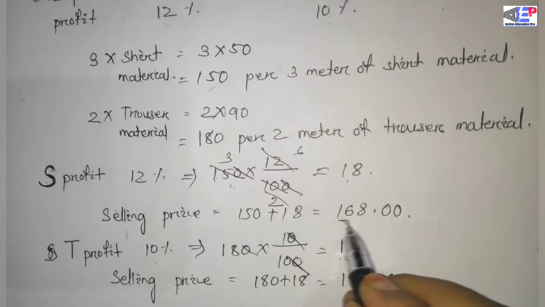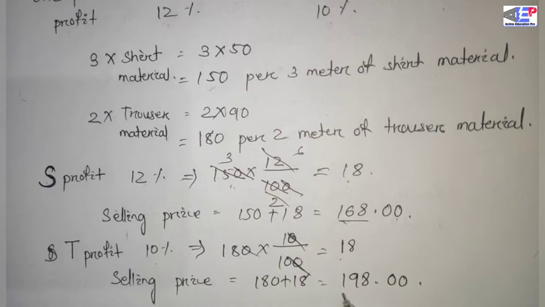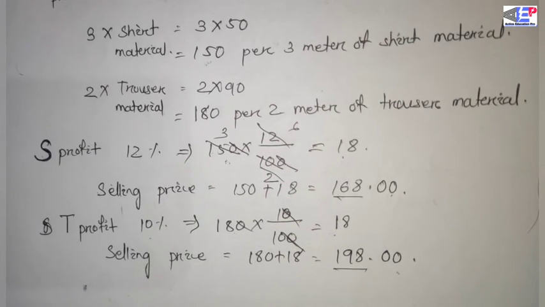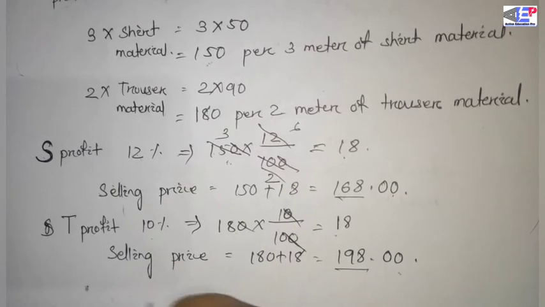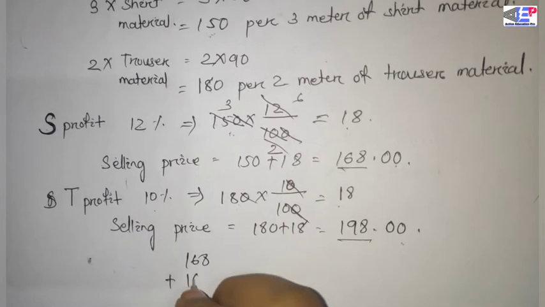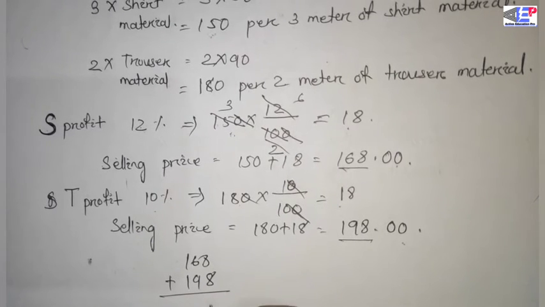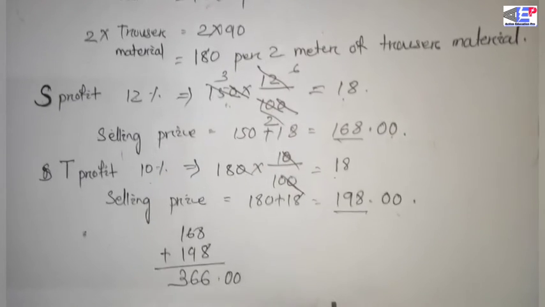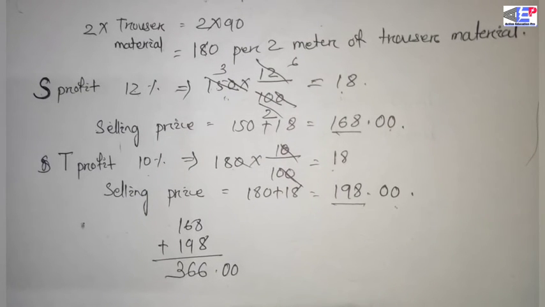Finally, at this price of shirt material and at this price of trouser material, Hassan sells both products. It means he marked 168 plus 198, 366 rupees for one pair of school uniform.